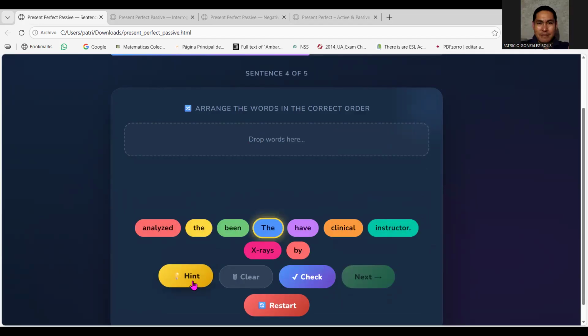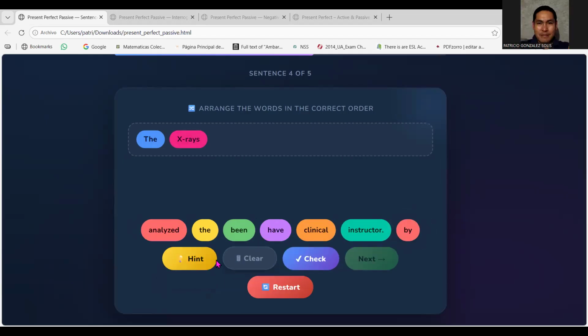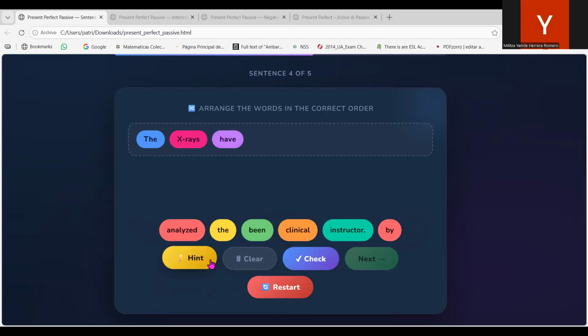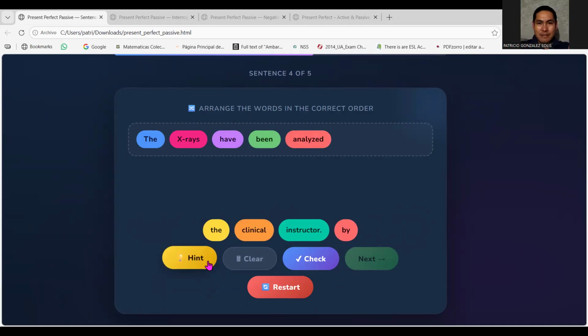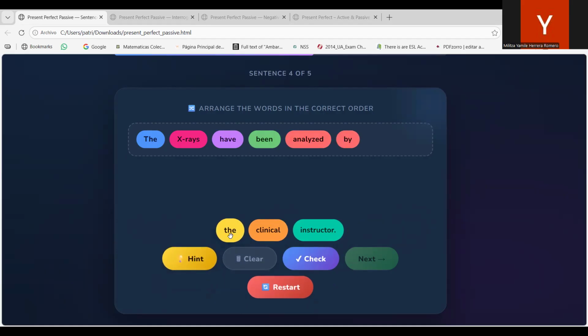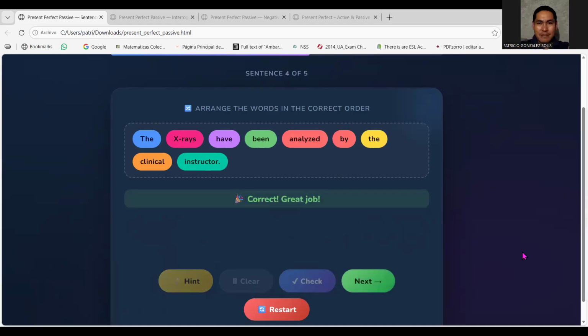X-rays have been analyzed by the clinical instructor. Congratulations, my dear Militza.